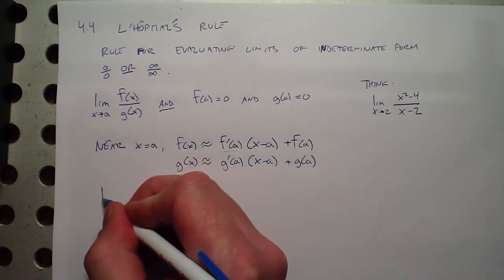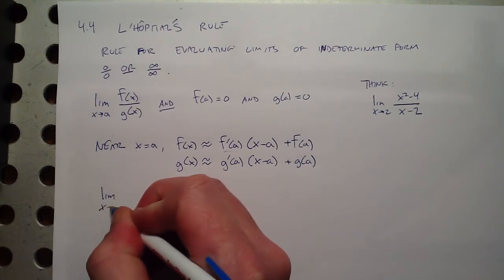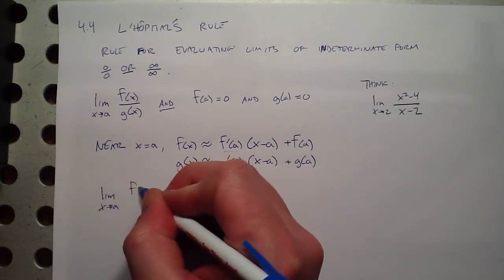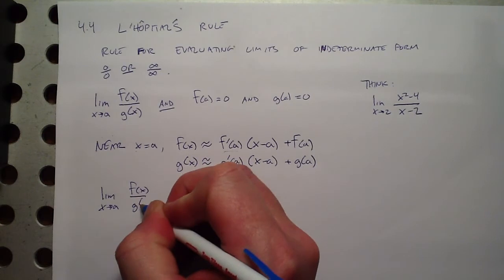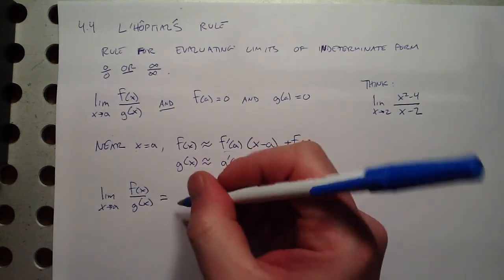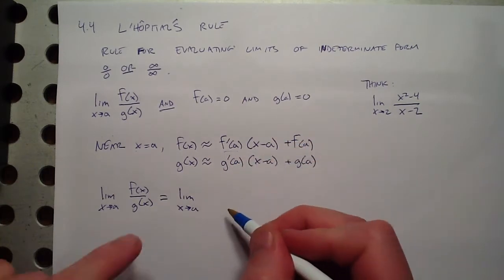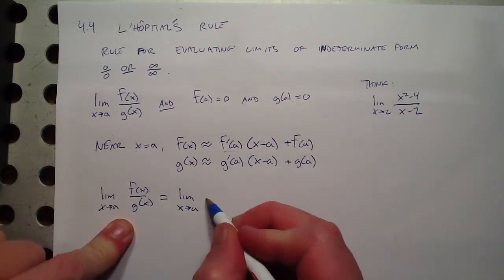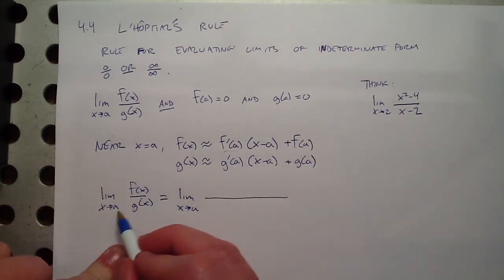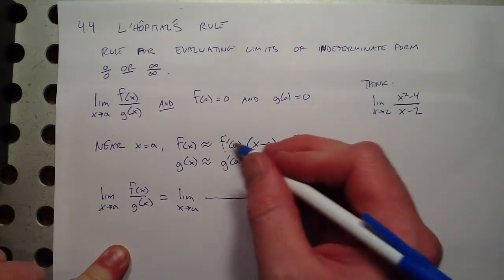That should mean that the limit as x approaches a of f of x over g of x would be the same as the limit as x approaches a of, instead of the functions, their tangent line approximations, since we're talking about things that are real close to a.